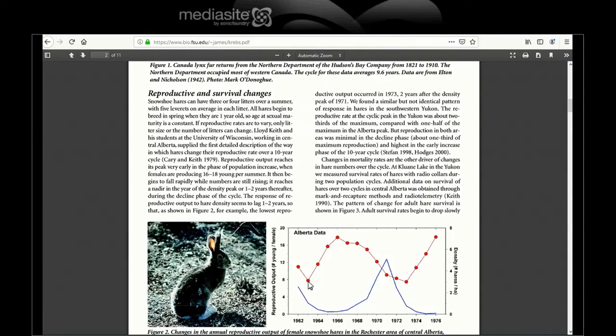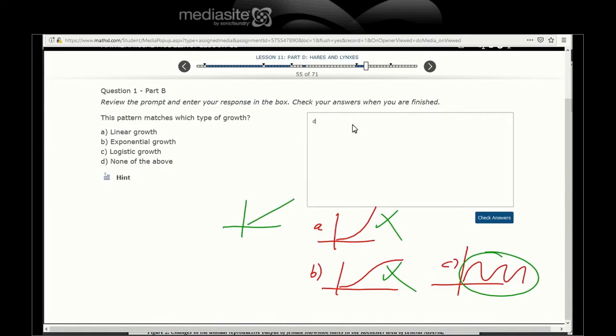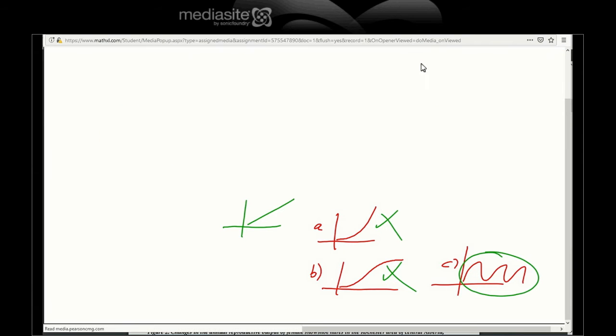Logistic starts low, goes up, levels off, and this one does none of the above. So D, none of the above. Explanation: none of your growth model sketches should match, since the snowshoe hare population is cyclical. That is correct.